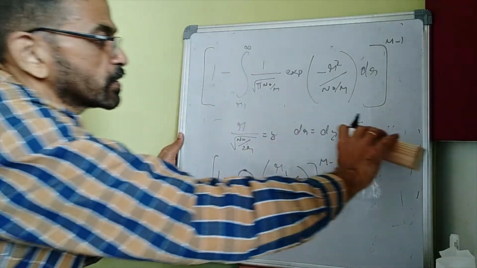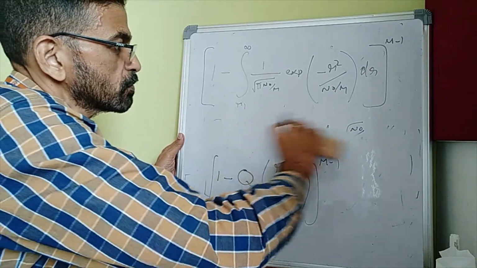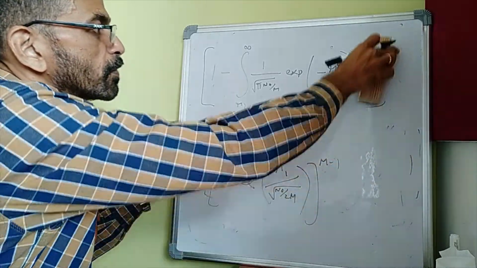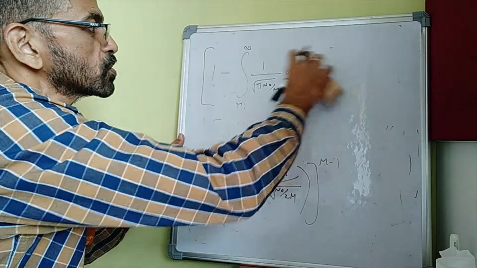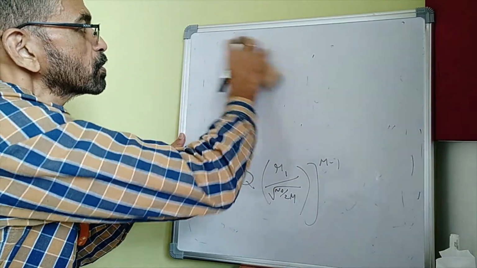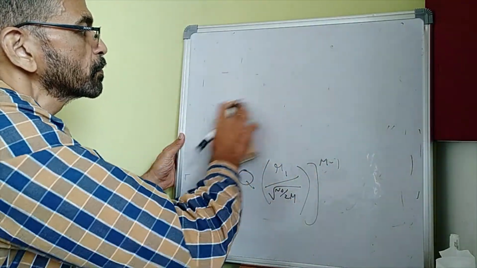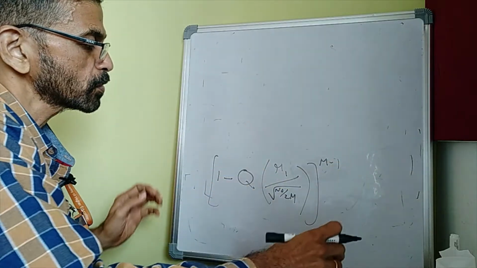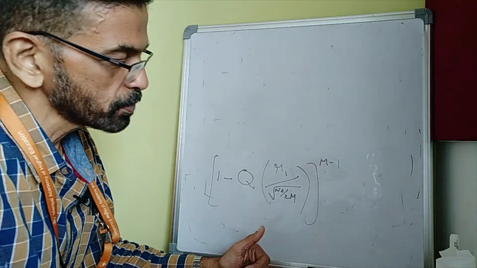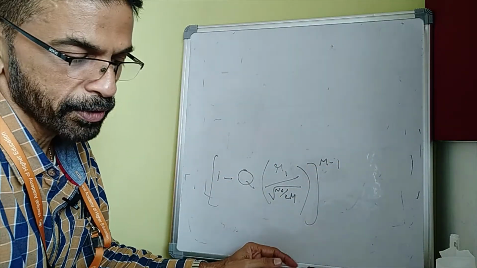Now, as I said, this is for a particular value of R1. We have to average this over all possible values of R1, because this gives us only the probability of all the other R's being less than R1 given a particular value of R1.